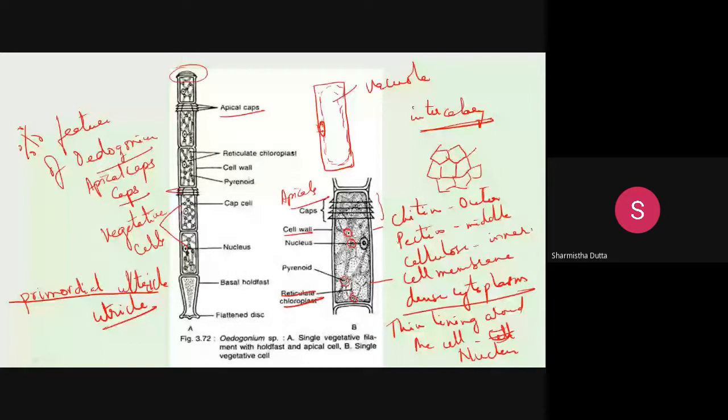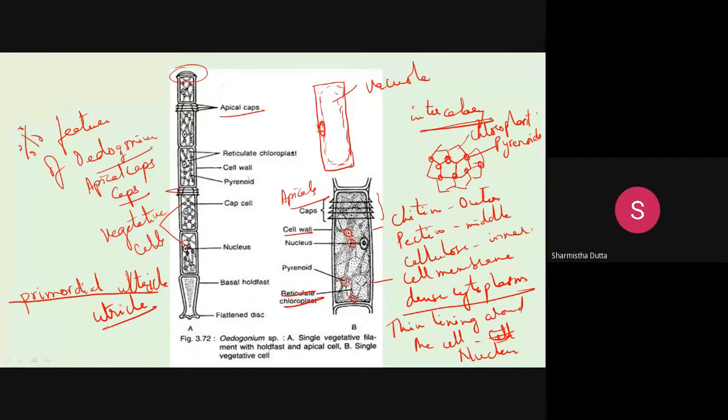And at the intersections you will find, what are these called? What I'm drawing? Pyrenoids. Yes, very good. So these are the pyrenoids and this is the chloroplast. Did you understand, girls? Yes, ma'am.